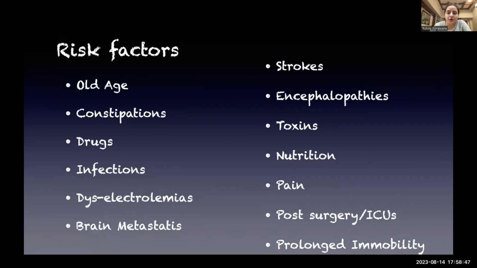Yes, so steroids. When would the patient be at particular risk of getting delirium because of a steroid? Any guesses?